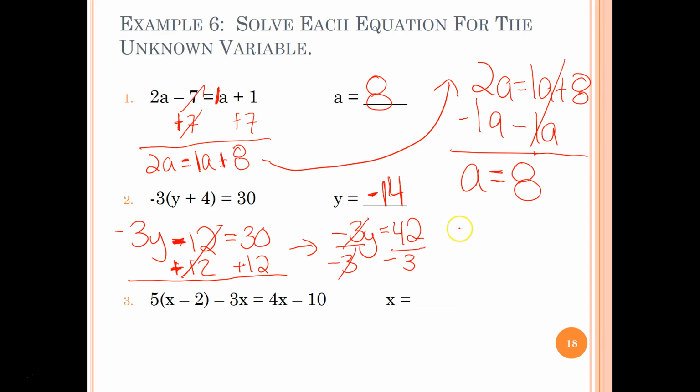And if we check that real quick, negative 3 times negative 14 plus 4, that gives us the same thing as negative 3 times negative 10, which happens to be 30. So we're happy. We've gotten what we're looking for, 30.